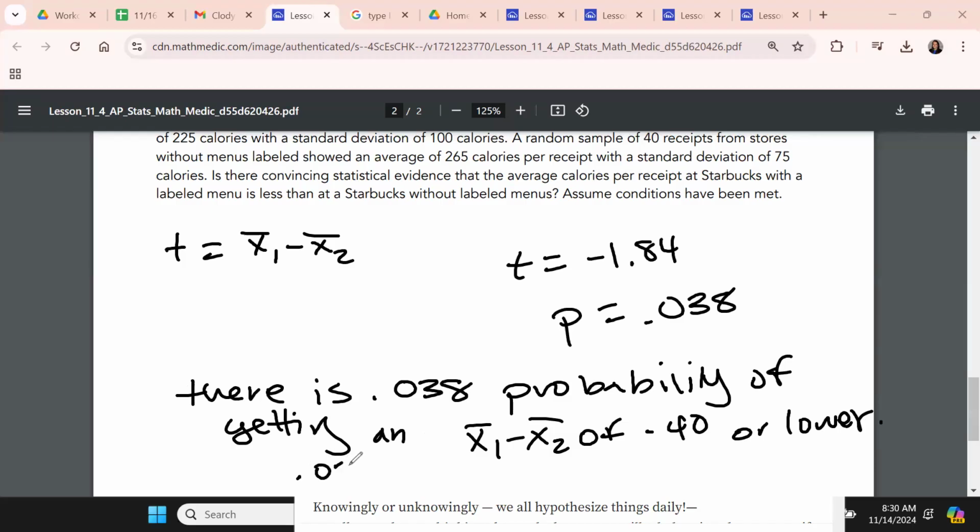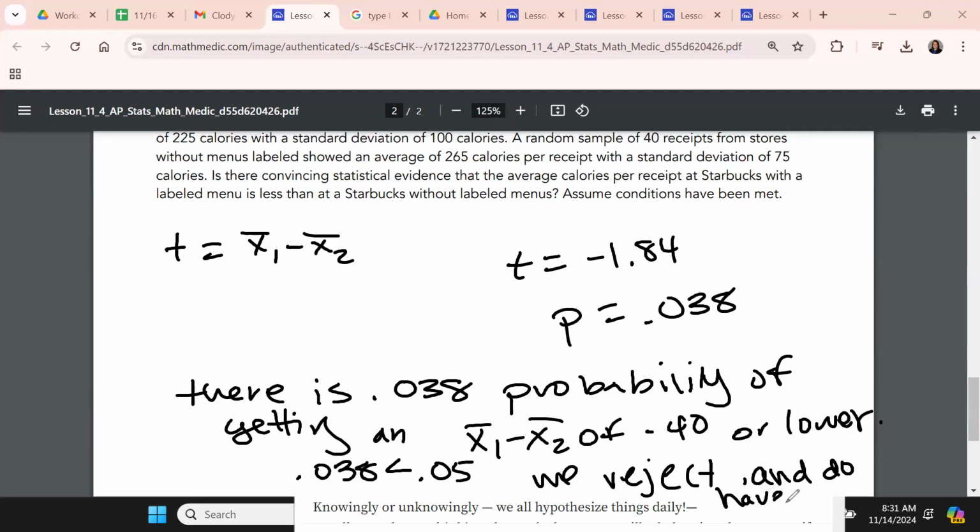So 0.038 is less than 0.05. We reject, and we do have convincing evidence that labeling the menus reduces calories, right? Okay. Homework.